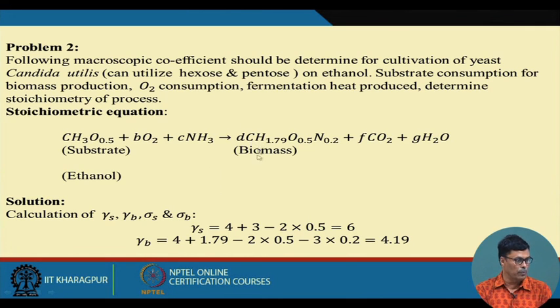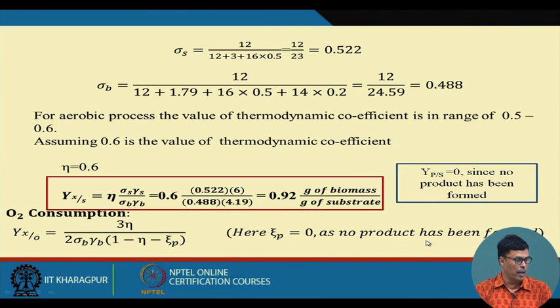Similarly, we can calculate for biomass. C is 4, H is 1.79, then 2 into 0.5 minus 3 into 0.2. It comes to about 0.19.